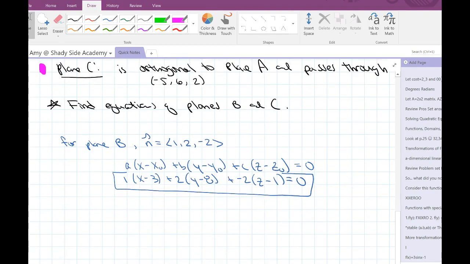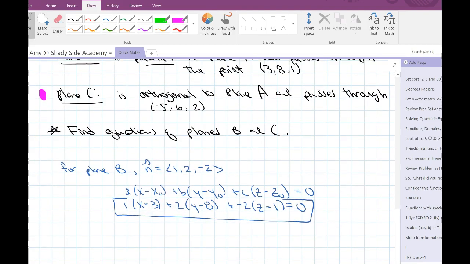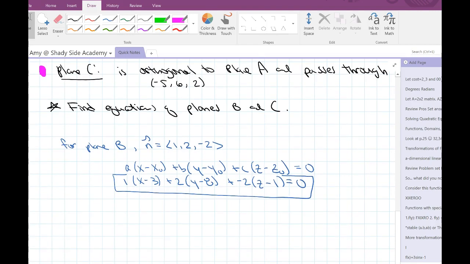Okay, for plane C. Plane C is orthogonal to plane A. Do you understand? Plane C and plane A are perpendicular. What does that mean about the n for plane C and the n for plane A?